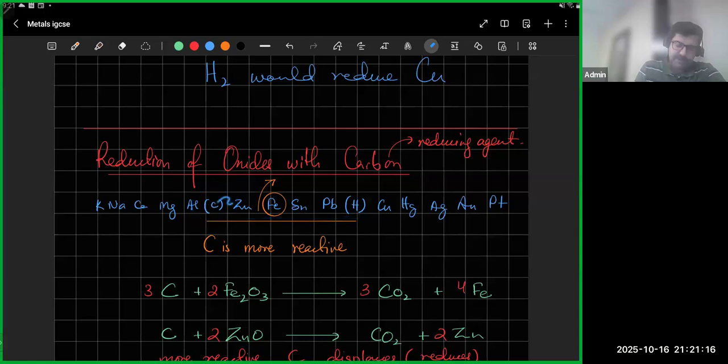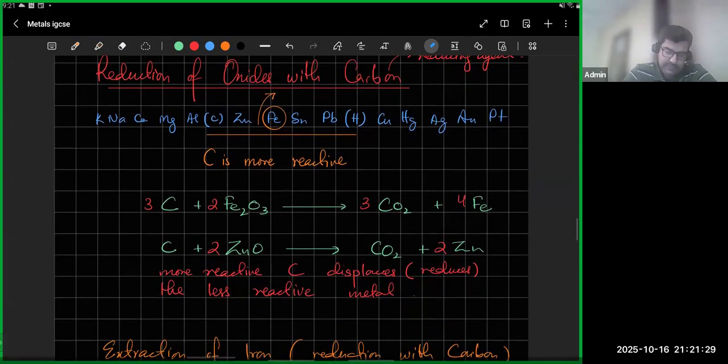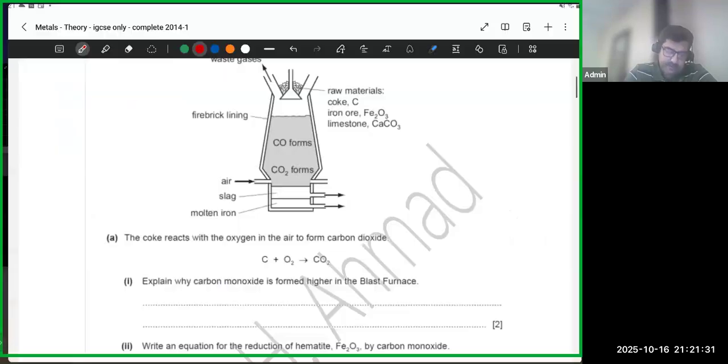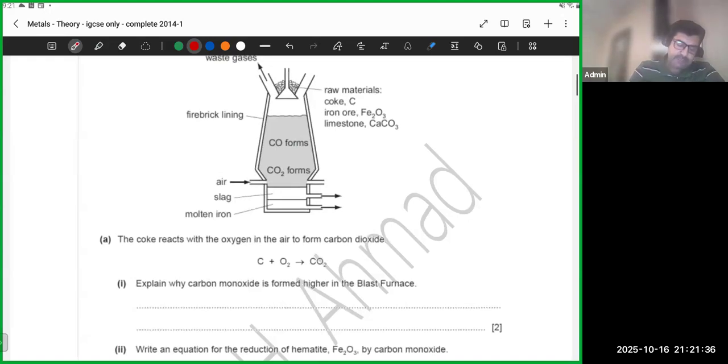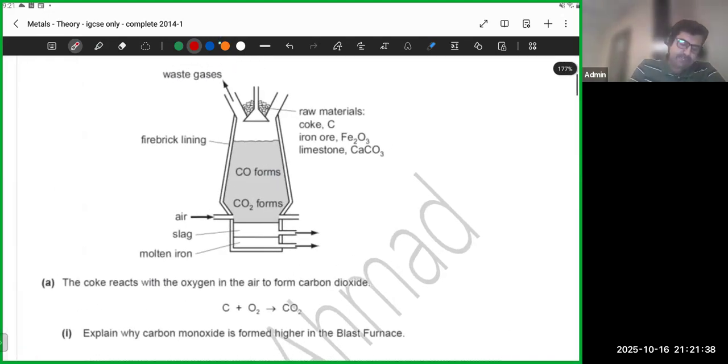Carbon is more reactive. So if you have Fe with oxygen, carbon would steal the oxygens and form carbon dioxide and Fe. ठीक है, so in extraction of iron, explain why carbon monoxide is formed higher up in the blast furnace. So there were three raw materials which are shown over here.